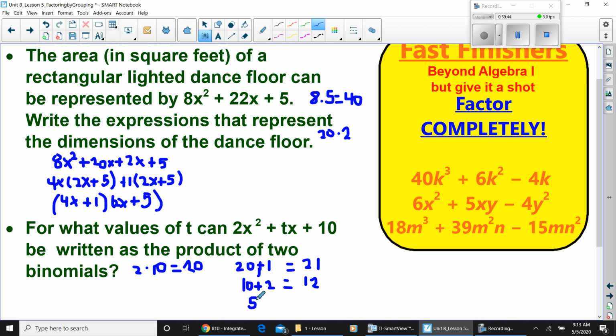Or it could be 5 times 4, and that's 5 plus 4, and it could be 9x. So t could be these numbers. All right, and that is that for that.